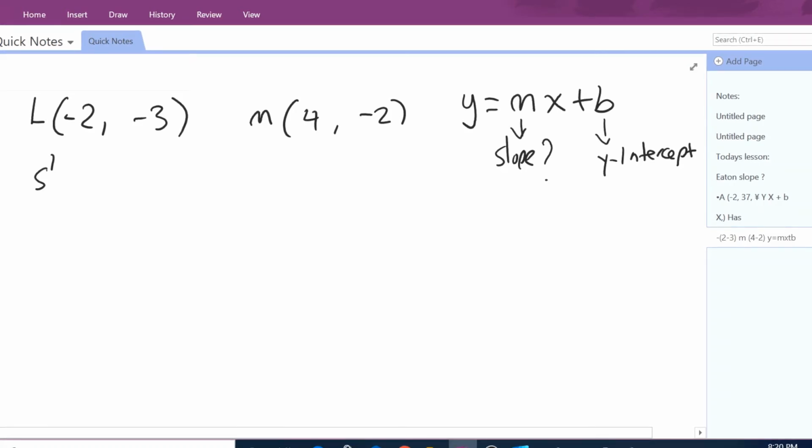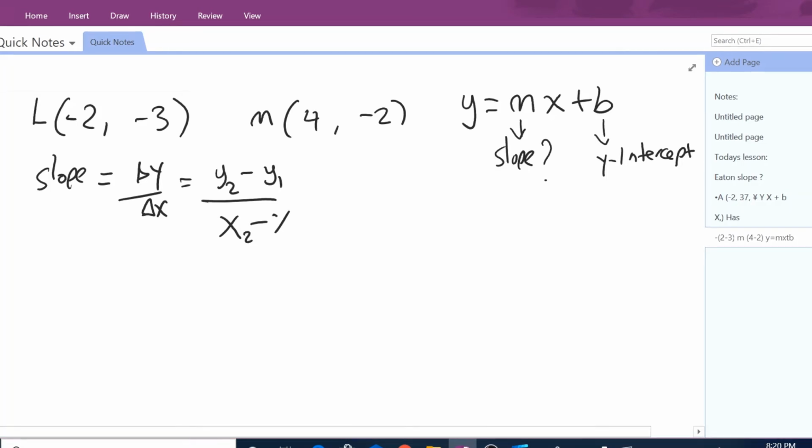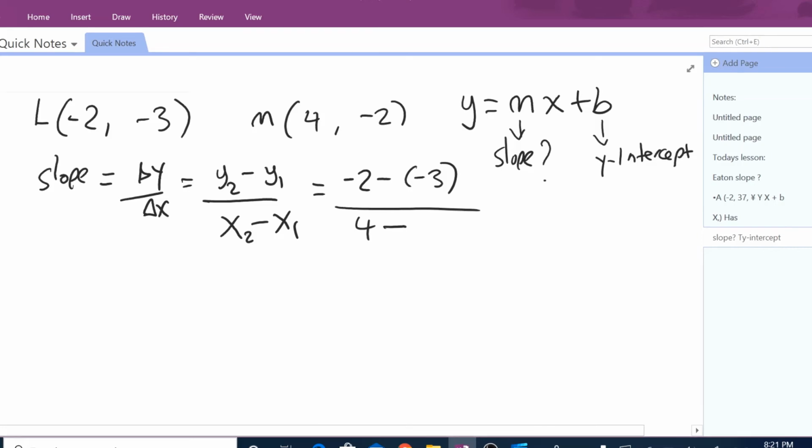Slope is equal to change in y divided by change in x, which means y2 minus y1 divided by x2 minus x1. In this case, y2 is minus 2, y1 is minus 3, divided by x2, which is 4, minus x1, which is minus 2.